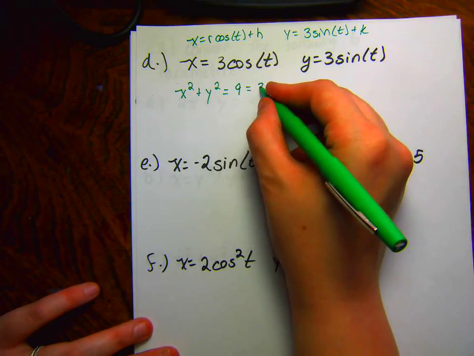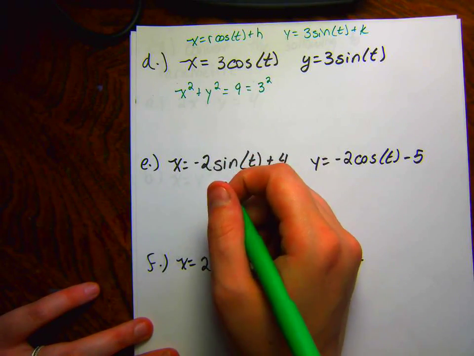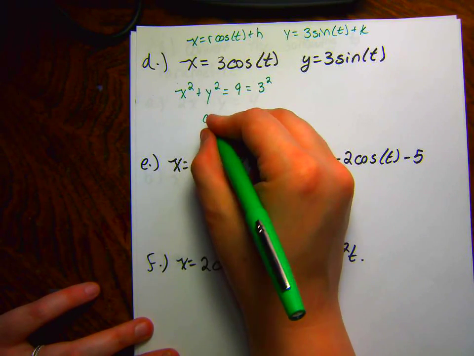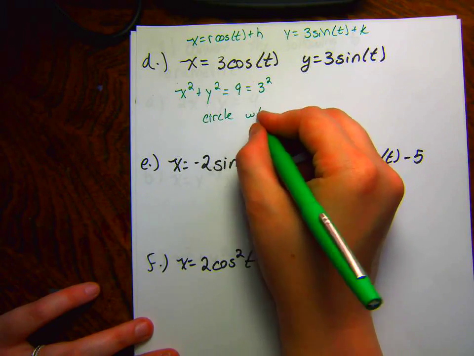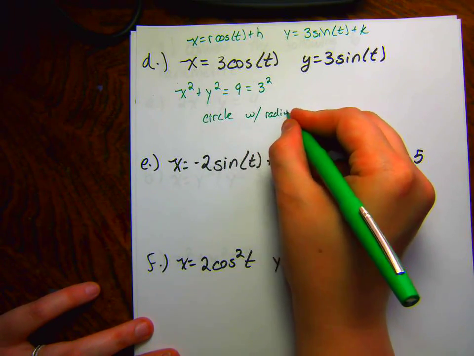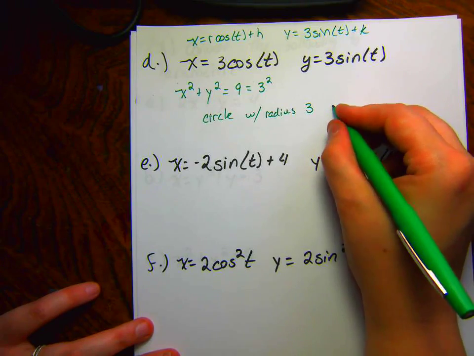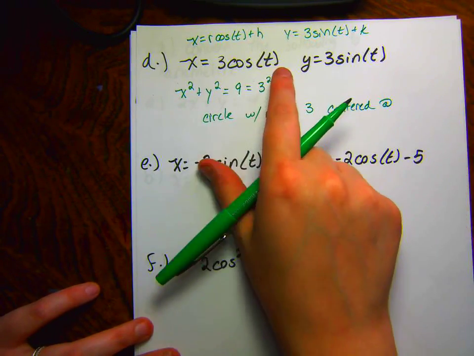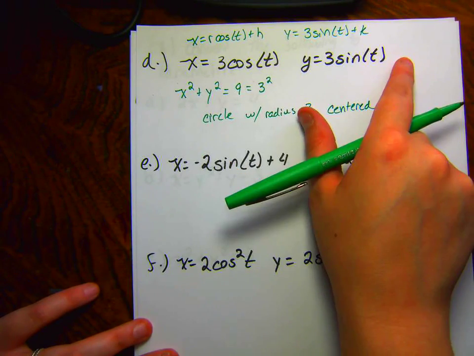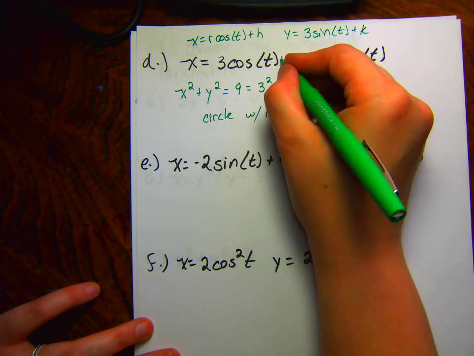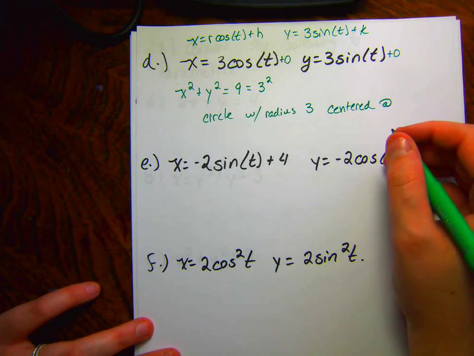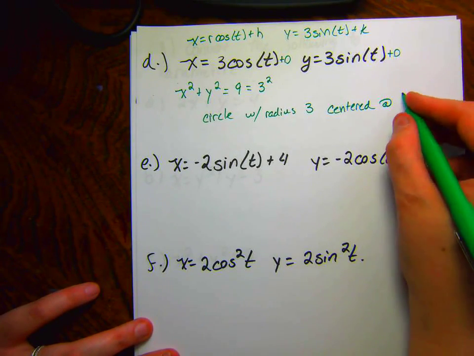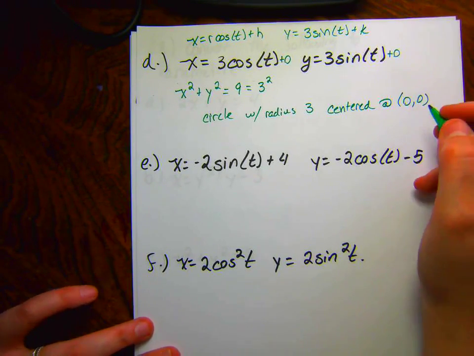Why 9? Because that is 3 squared. Along with this, we know that this is a circle with radius 3, and it's centered at, now notice that I don't have an h or a k. Well, I can just add a 0 to both of these, or subtract a 0, doesn't matter, and my center would be 0, 0.